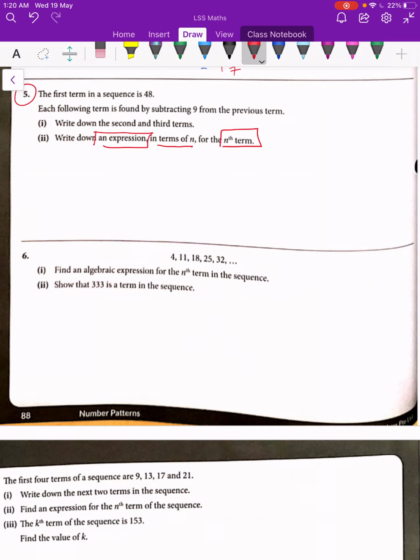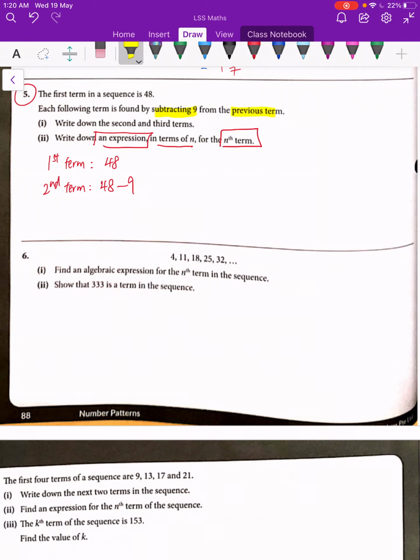Before that, we need to write out a few numbers of the sequence first. The first term is given as 48. The second term, if you have found the answer in part 1, will be 48 minus 9. Why? Because each following term is subtracted by 9 from the previous term.